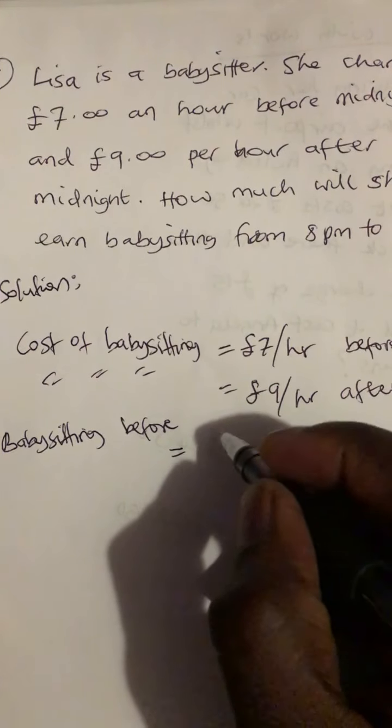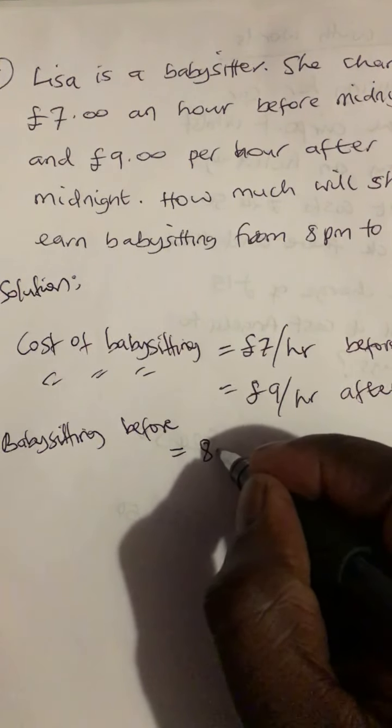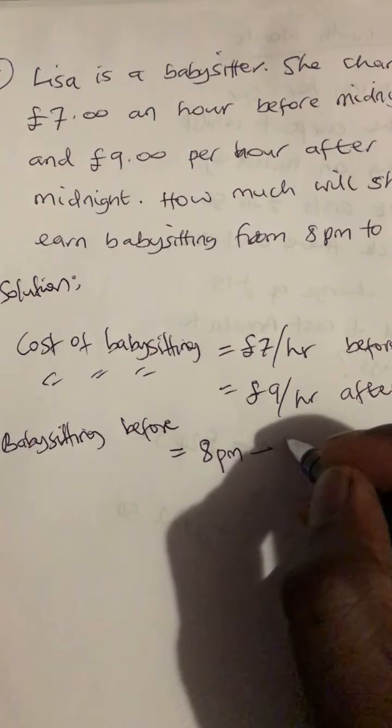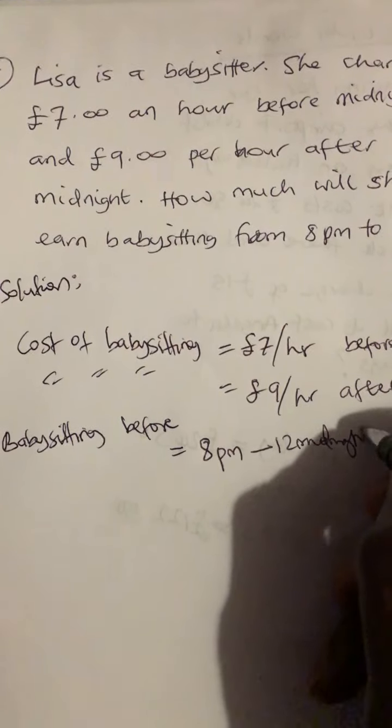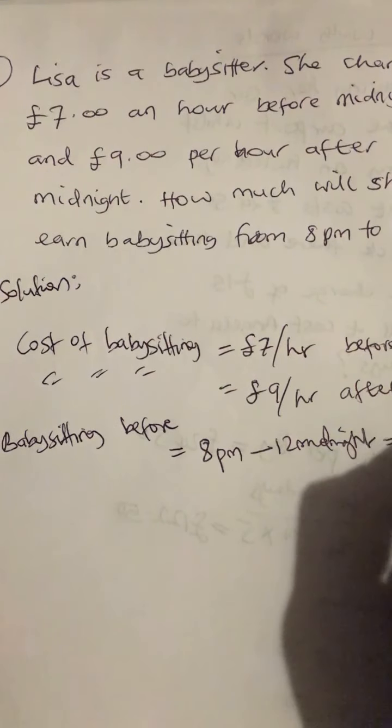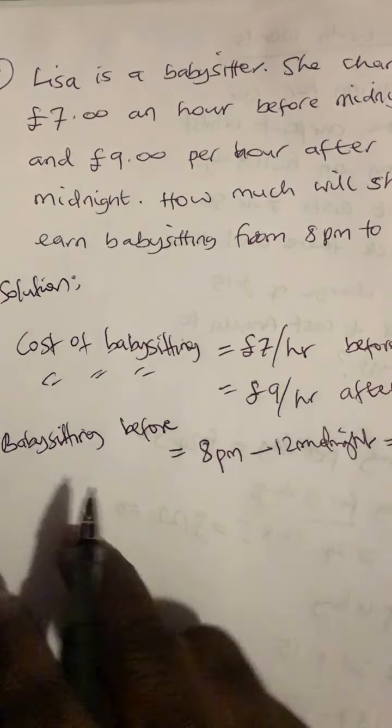We have from 8 p.m. to 12 midnight. This is equal to 4 hours, number of hours.